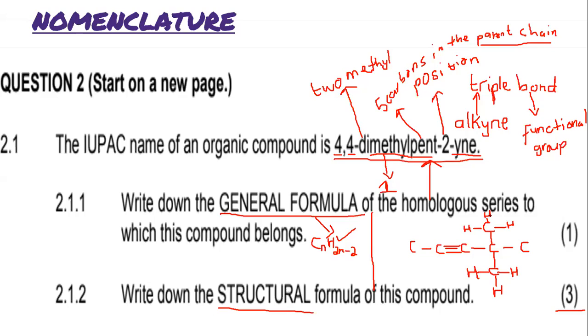Now, my dear learners, we have seen that this molecule belongs to the homologous series alkynes, and therefore it is a hydrocarbon. So it's a molecule that contains only carbon and hydrogen atoms. It means the only thing that is left here is to make sure that around each carbon atom I have 4 bonds. Remember, carbon makes 4 bonds.